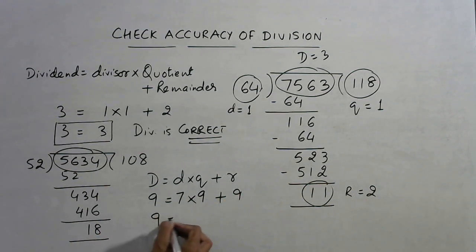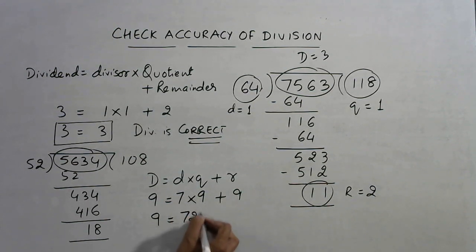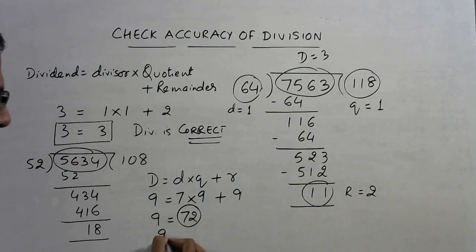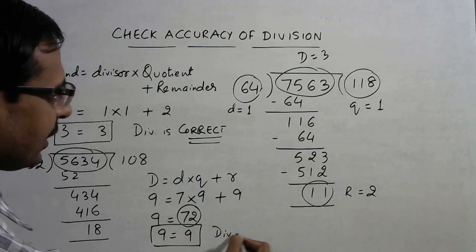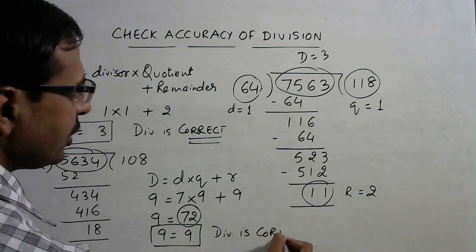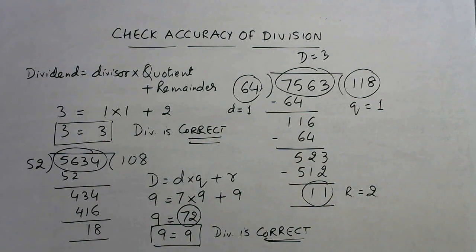Now check, 9 sevens are 63, 63 plus 9 72, and what is the single digit of 72? It is again 9, so 9 equal to 9. So division is correct. So you need to reduce everything into single digit and you can check whether the division is correct or not.